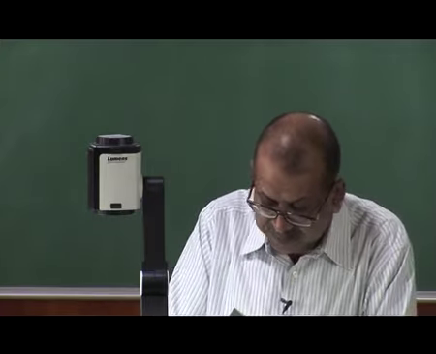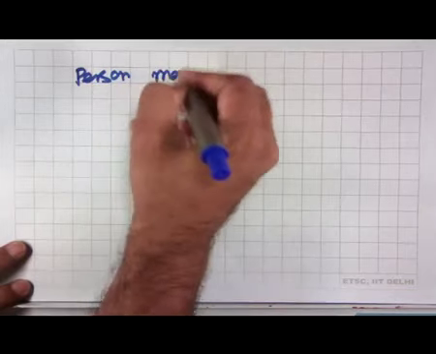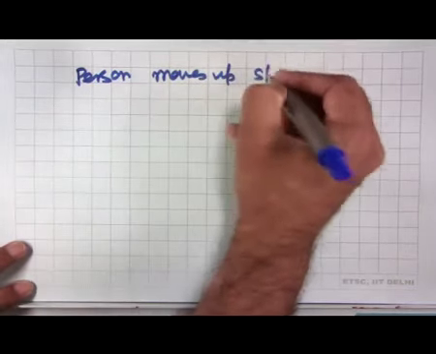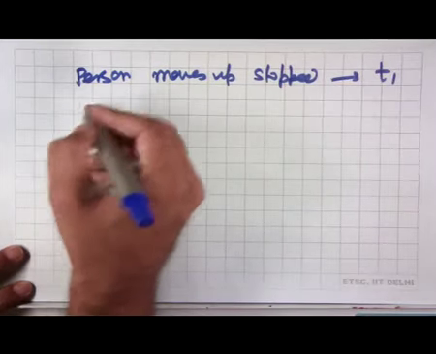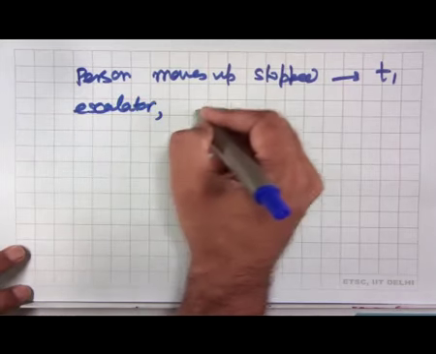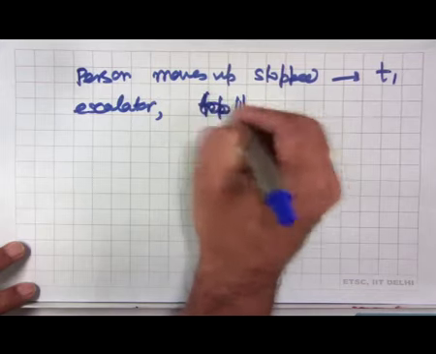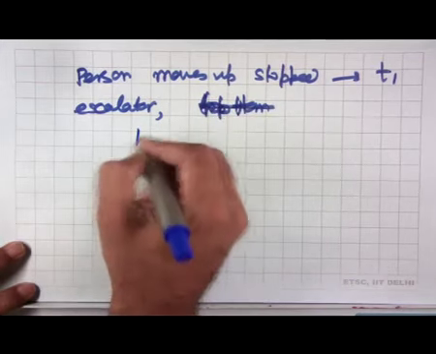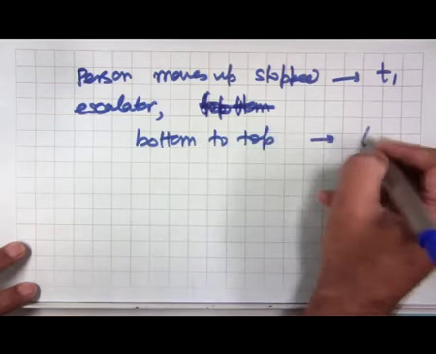So, we have here a person who moves up on a stopped escalator in time t1, and the escalator itself, to go from bottom to top, takes a time t2.